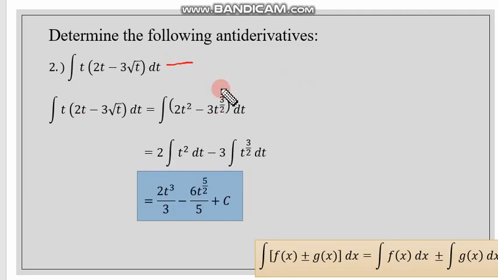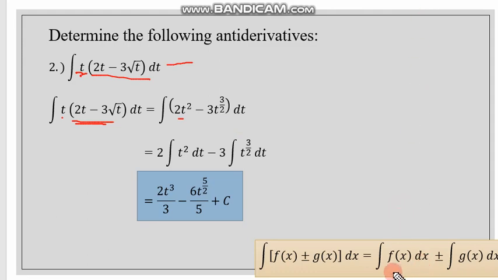Next is the integral of t times 2t minus 3 square root of t dt. It's a multiplication, t times the quantity 2t minus 3 square root of t. Since we don't have a product rule in antiderivatives, we will just distribute the t to the other terms. So t times 2t is 2t squared, and t times negative 3 square root of t is negative 3t raised to 3 over 2.